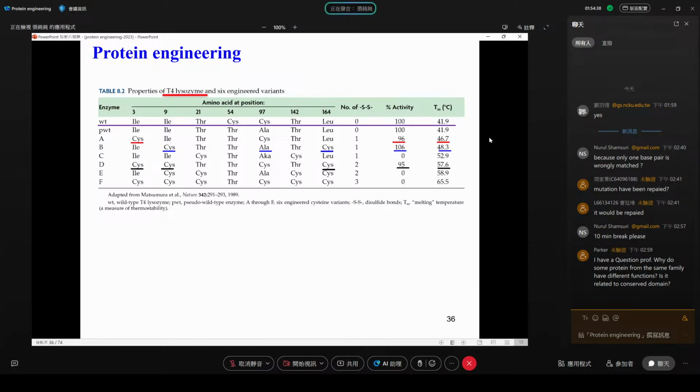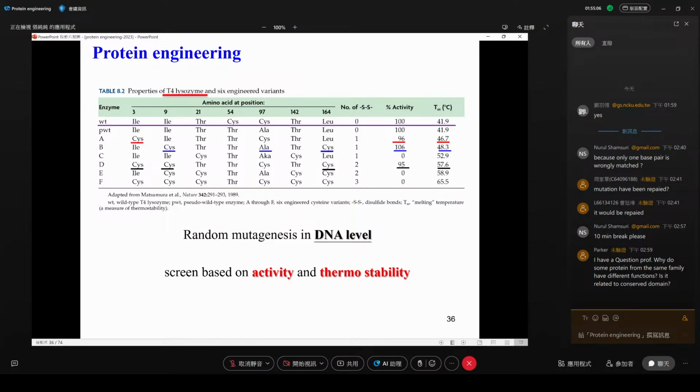So for this screening strategy, we give you a nice example. With a lot of different engineered variants, you rely on a good way of screening or selection, but you have to think about your screening strategy. You want to screen for higher activity or more thermal stability for your enzyme. So after the random mutagenesis at the DNA level, you screen based on activity or thermal stability.